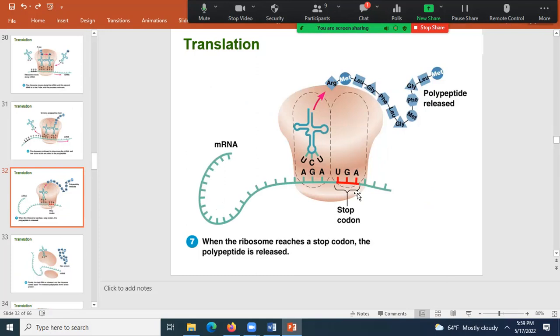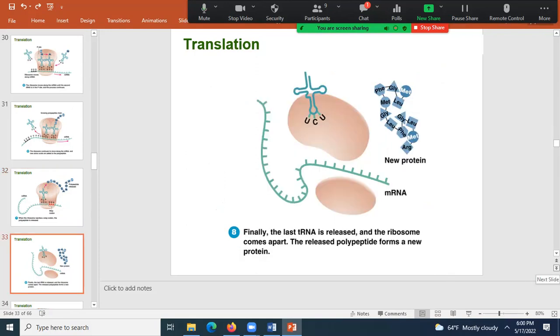When the ribosome reaches the stop codon, the ribosome then falls off of the messenger RNA. The last tRNA is released, and then the protein is released from, I don't know what you want to call it, the ribosome and the messenger RNA.